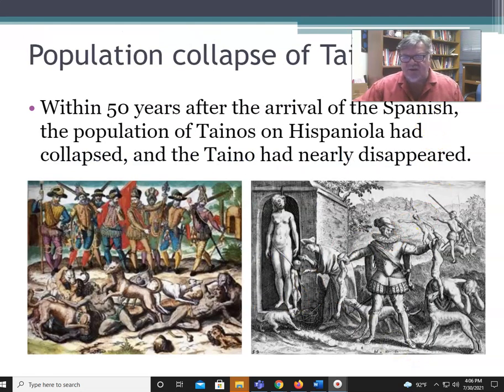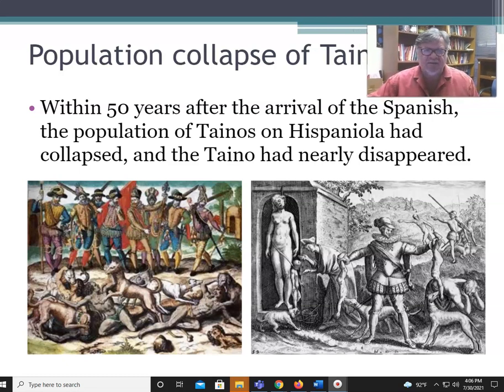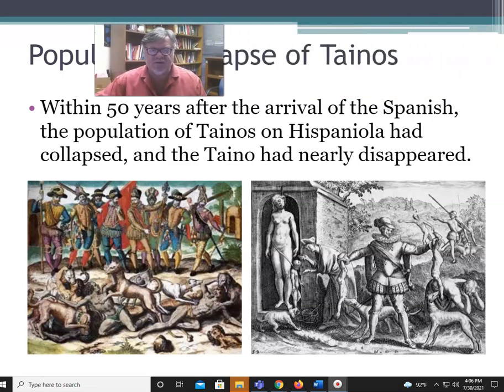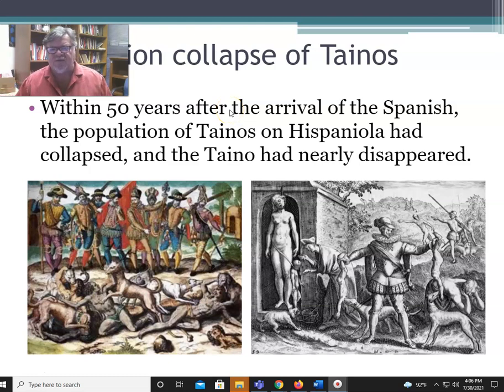I also wanted to mention here at the end that there was a population collapse of the Tainos from the 750,000 that the author Franklin Knight estimates when the Spanish arrived. Within 50 years, they had collapsed to the point that there were no more than 50,000 left, scattered around several islands.